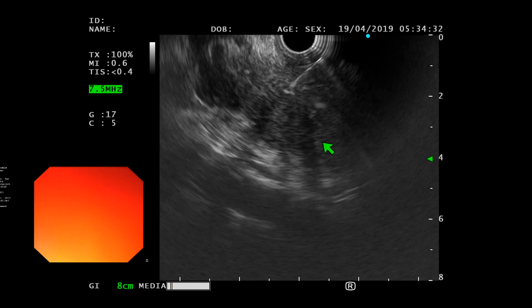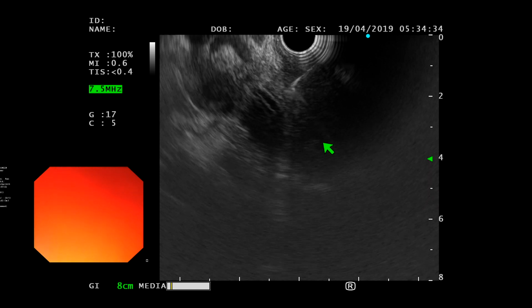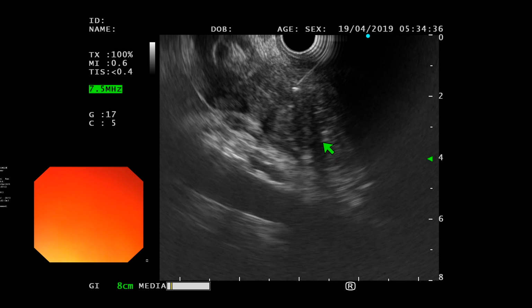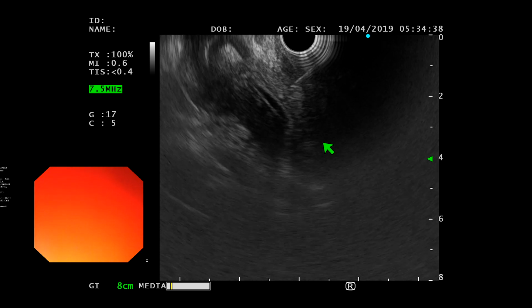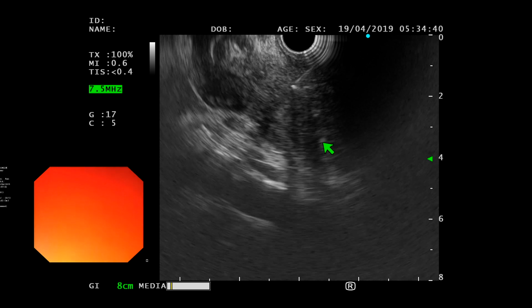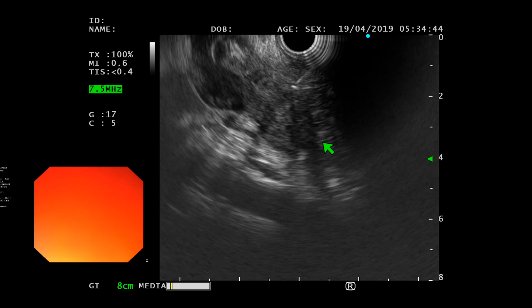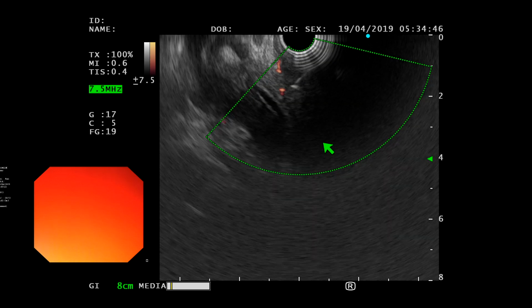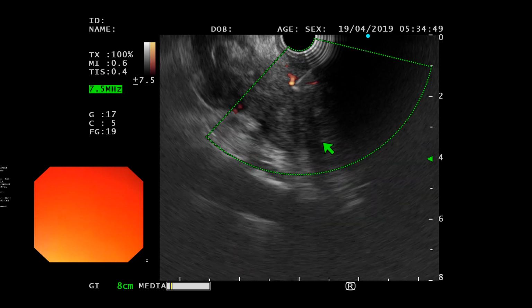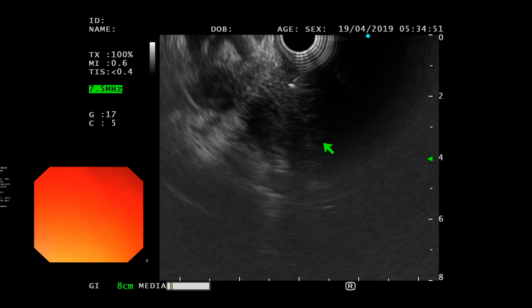Let me just see the needle. There it is. Okay, please take it out. Should I take it all the way out? Yes, take it out. Okay. So you passed one and twice.